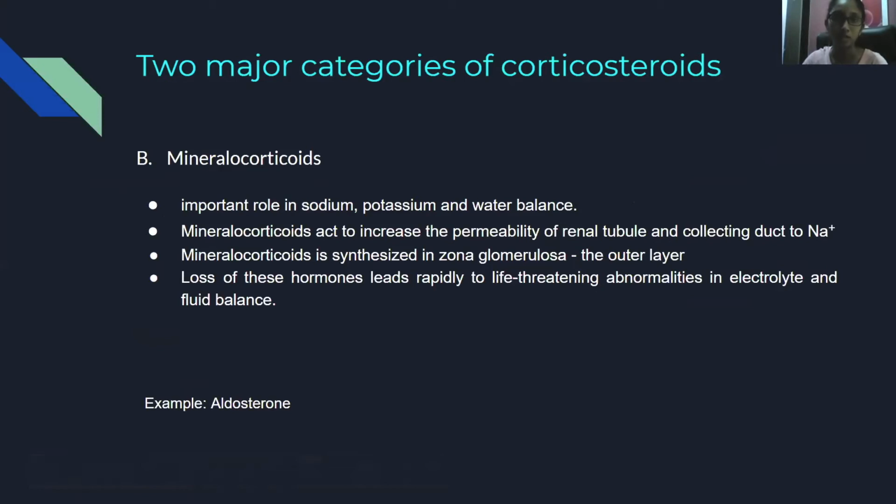Mineralocorticoids are synthesized in the zona glomerulosa, which is the outer layer of the adrenal cortex. Lastly, loss of these hormones leads rapidly to life-threatening abnormalities in electrolyte and fluid balance. An example of mineralocorticoids is aldosterone.